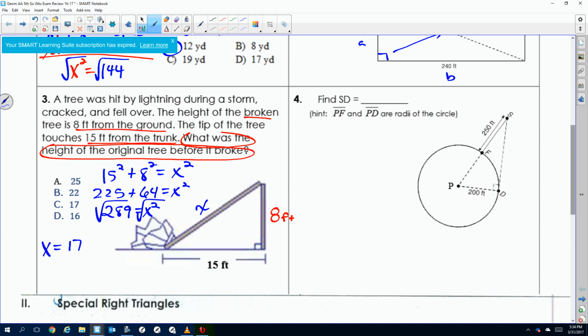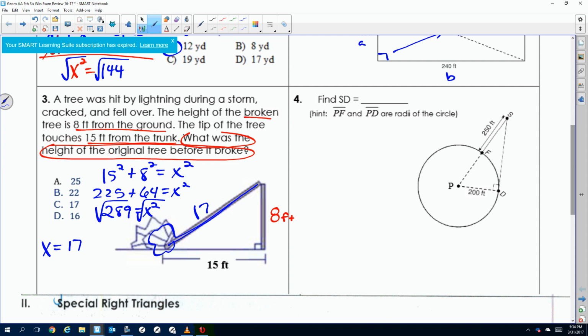Well, if you look, you're going to say, oh, there it is. But always go back and check what the question is asking. It says, what is the height of the original tree? So the 17 only represents this piece here, this part of the tree.